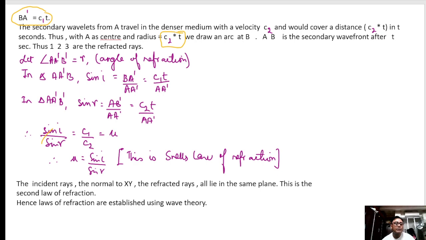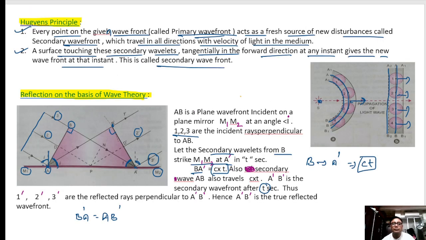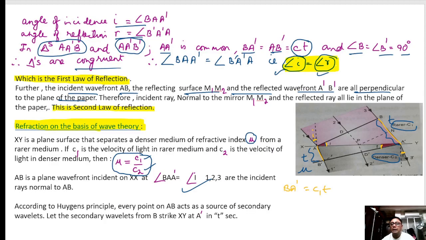As you can watch here, A to B dash is C2 into t, and B to A dash is C1 into t. Correct?